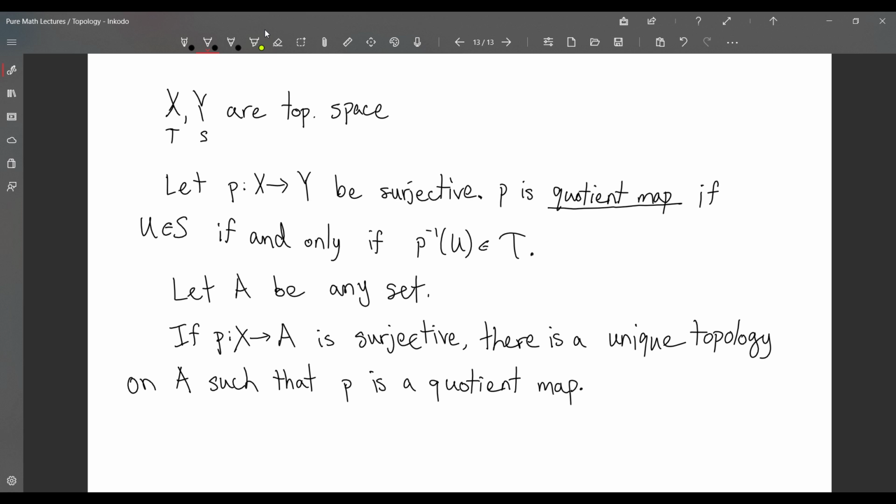Right? Because this definition of a quotient map is literally telling you precisely what your open subsets have to be, right? Your open subsets are and only are the subsets such that their inverse images are open.